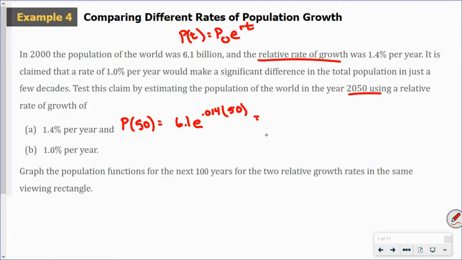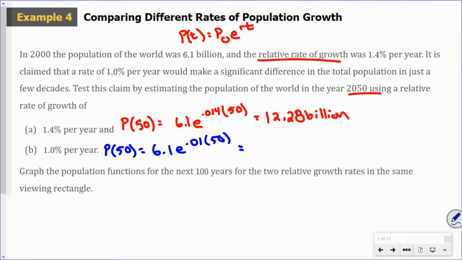So this is about 12.28 billion. And then this one, P of 50 still, it's identical, but the rate is just 0.01 times 50, which is about 10.06 billion.